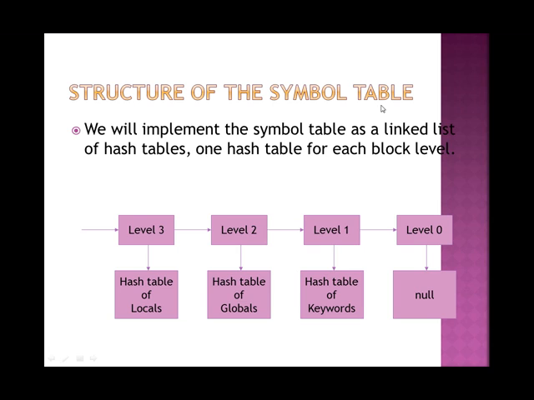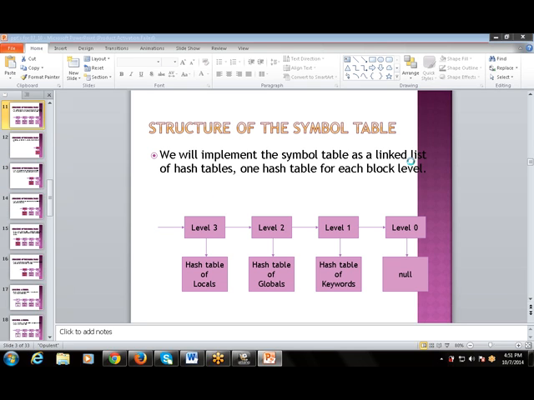This is the structure of the symbol table. We will implement the symbol table as a linked list of hash tables, one hash table for each block level. That is how it will be defined and used, by implementing the hash function and the hash data.